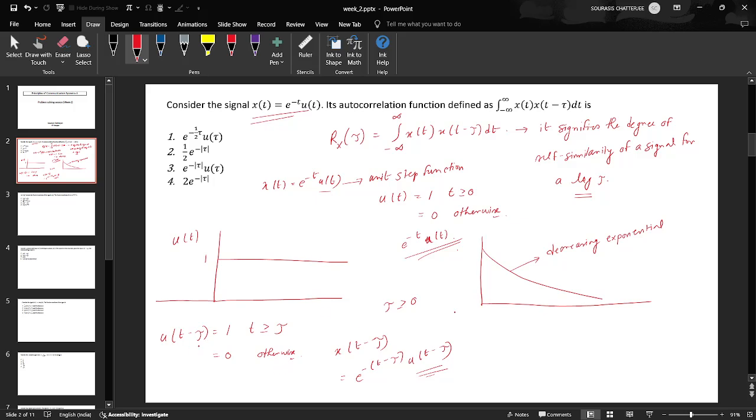This is because if t is less than tau, then the term inside is going to be negative and the unit step will produce 0 for that. So let me write down the shifted version on top of this, with a different color.